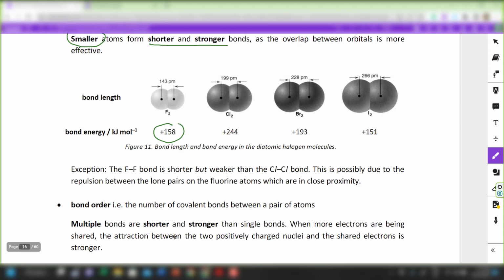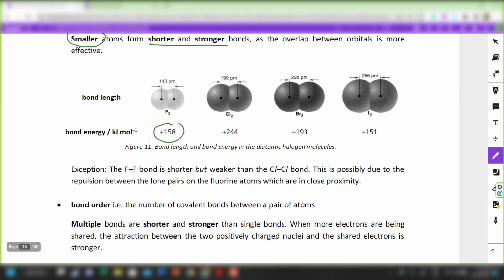Because of that, you expect the lone pairs of electrons on the non-bonding p orbitals to repel one another. When fluorine forms a sigma bond, only one of the orbitals is being utilized to form the bond, and the remaining electrons, lone pairs of electrons, are also present.